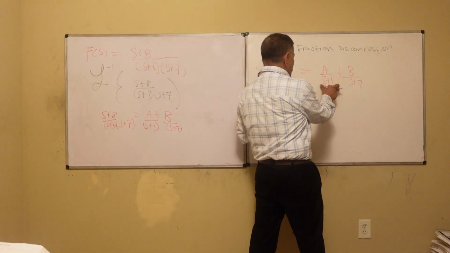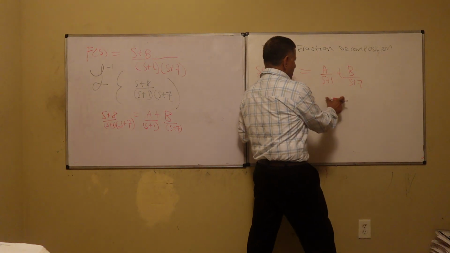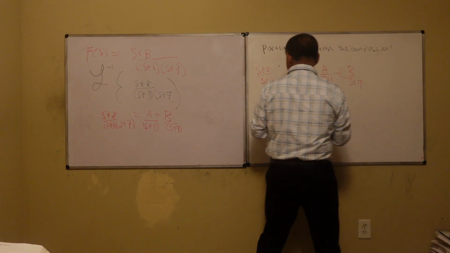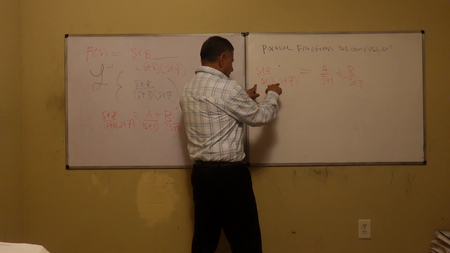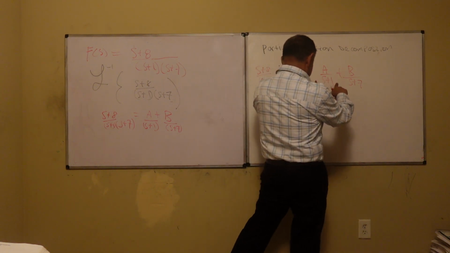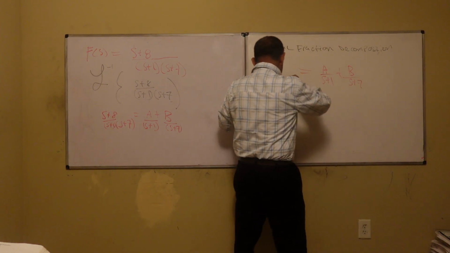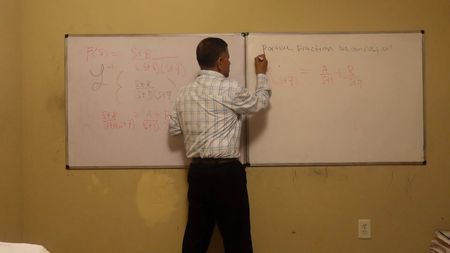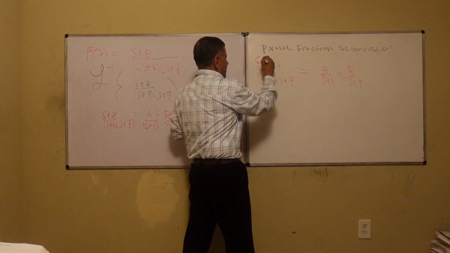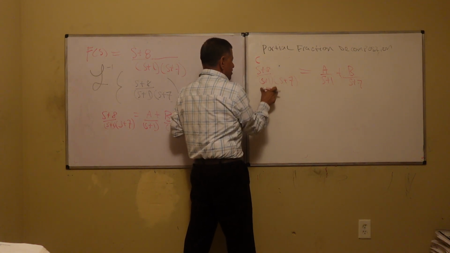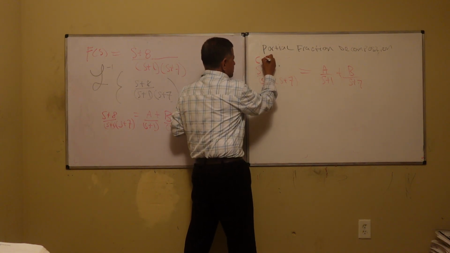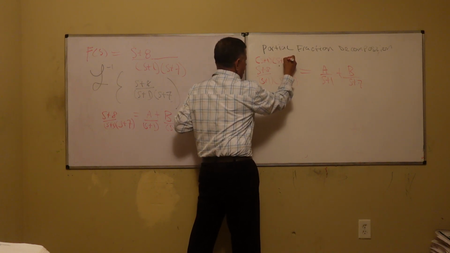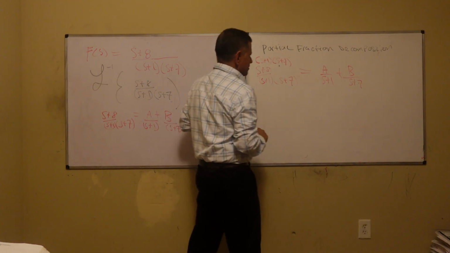So what I'm going to do is the following. I'm going to multiply by this, and this, right? The whole purpose of this is the following, so you will understand what I'm doing right here. So the denominator goes on the top right here, and I said S plus 1 times S plus 7, right?